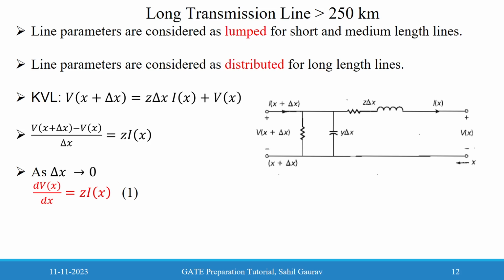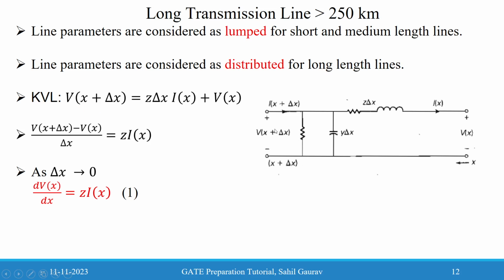Now for long transmission line, we are considering this as distributed for the whole distance. So for deriving this model of the transmission line, we will use a small distance delta x. If we vary the distance delta x over the length of the transmission line, what will be the difference in voltage and current? So we can write this KVL equation here.